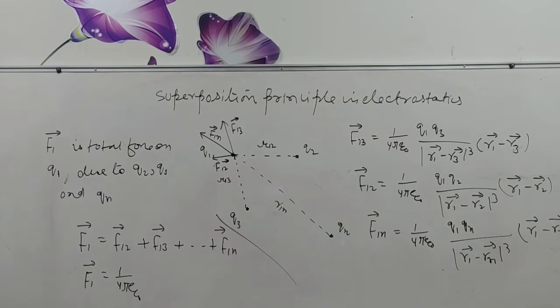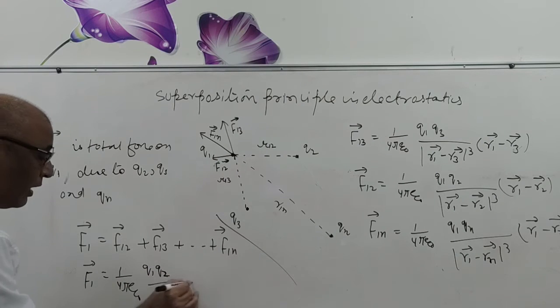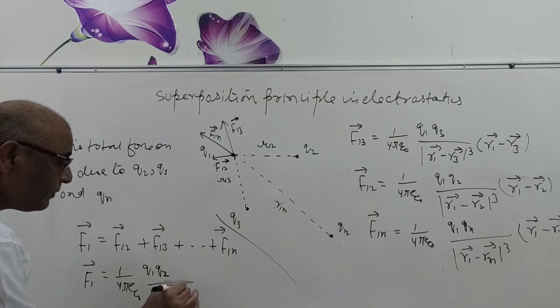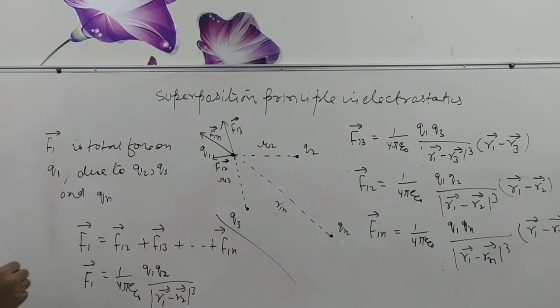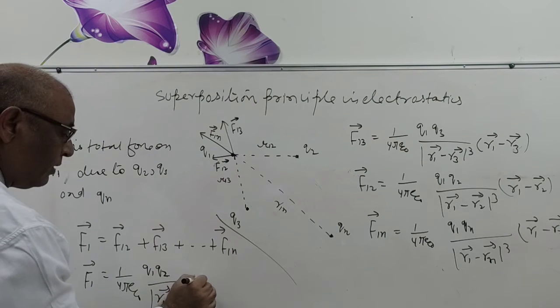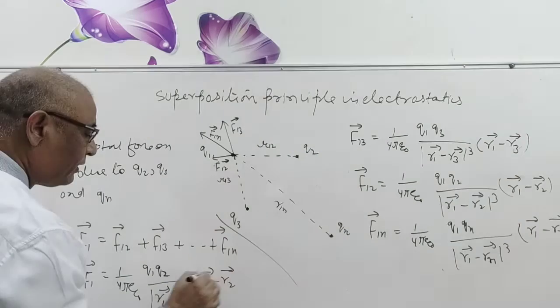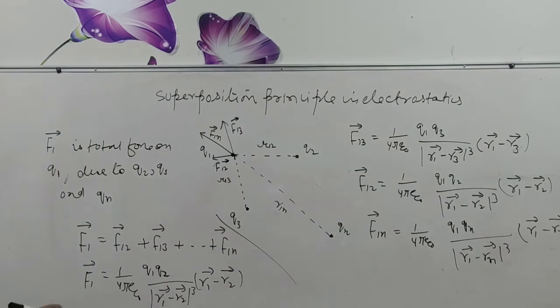Now put all these things in. The first term is Q1 Q2 times the vector R1 minus R2, divided by the modulus of R1 minus R2 cubed.